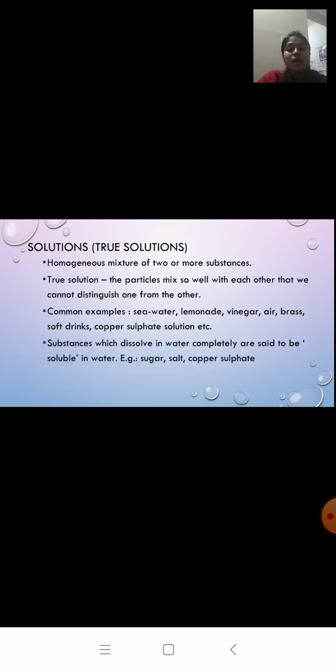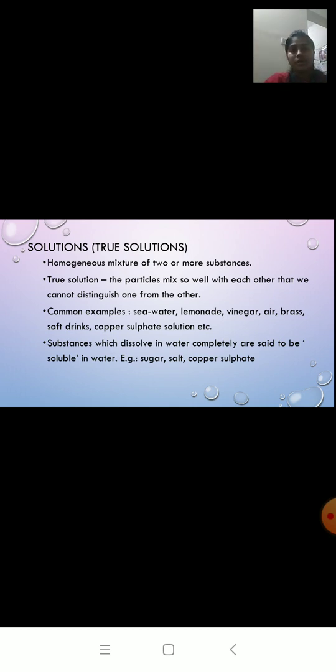Now, the substances which dissolve in water completely are called soluble in water. Substances which mix completely with the water are called soluble in water. Examples like sugar, it will completely mix in water.